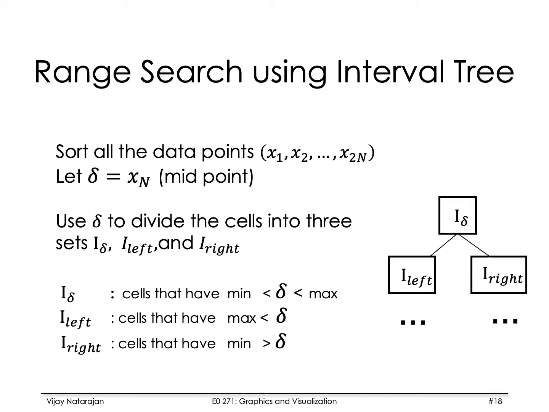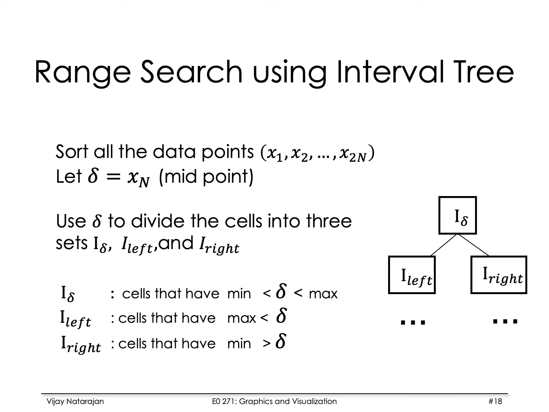So this naturally leads to a hierarchical subdivision of the collection of intervals. The only difference with the earlier subdivisions is that the intervals are stored at every node in this tree, whereas in our earlier subdivisions, the intervals were actually stored at the leaves of the tree. The interior nodes were essentially hierarchically partitioning either the domain or the range.